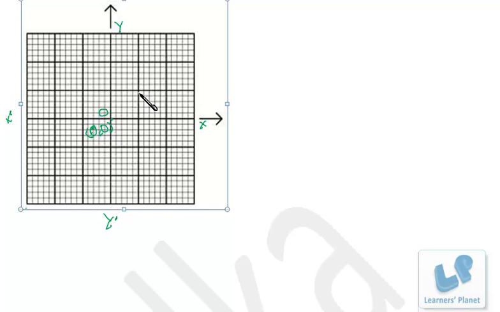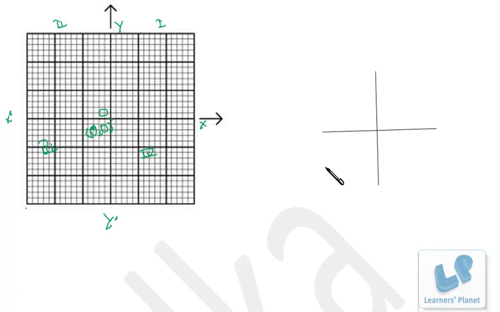So this is actually the first quadrant. This is the first quadrant, this is the second quadrant, this is the third quadrant, and this is the fourth quadrant. This is origin, that's the coordinate considered as 0, 0.